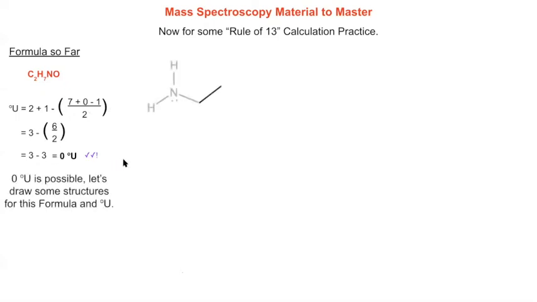So I can start drawing up some possible examples. I know I need 2 carbons and a nitrogen and an oxygen. So I can start off by, okay, I'm going to draw 2 carbons and I'll add an NH2, another and an oxygen, and I make sure I don't add any double bonds. And does this work? Let's see. It needs to have 7 hydrogens. 1, 2, 3, 4, 5, 6, 7. Yeah, that works.